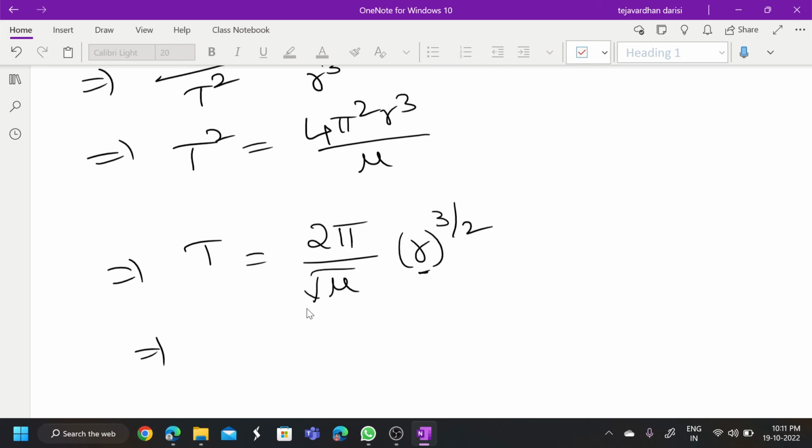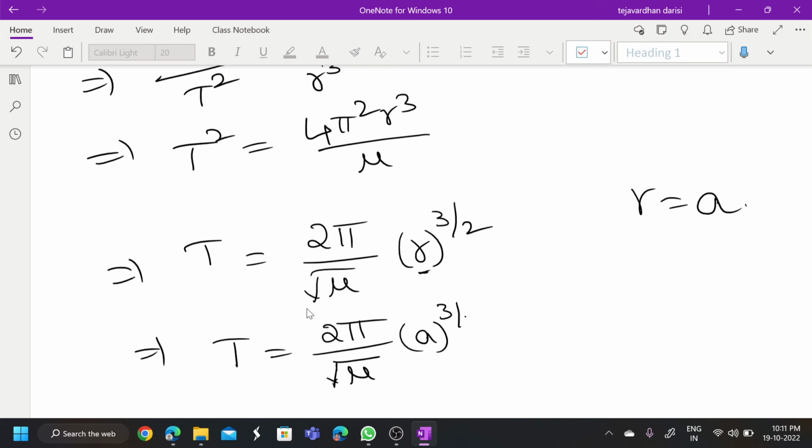If we consider the semi major axis as a, we can replace it with a. So the time period formula is 2 pi by square root of mu into a power 3 by 2. This is the time period for the satellite to revolve around the earth, the time taken for one revolution. This is about this class.